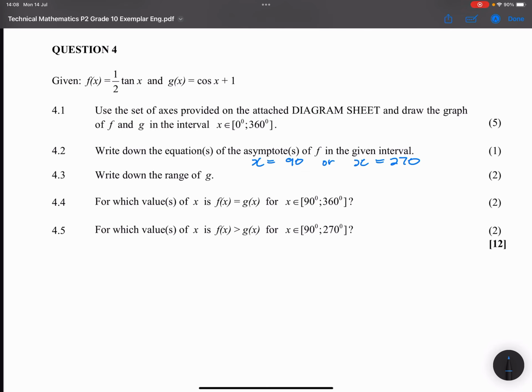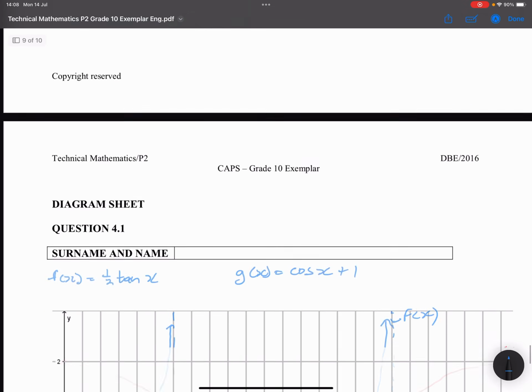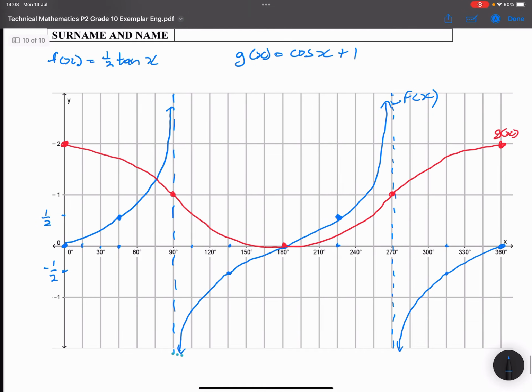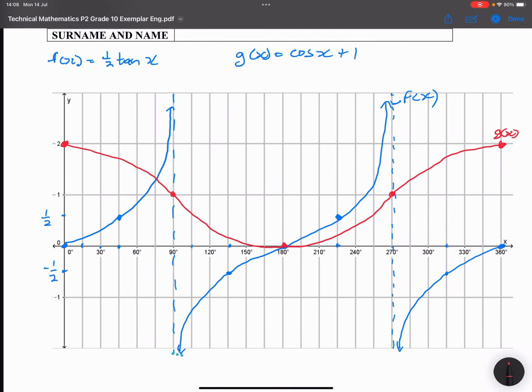Okay, right, and for the next one, they said to us, write down the range of g. Now, what is the range? This is the minimum and the maximum value, right? So, the minimum value for the graph of g is 0, and the maximum value is 2, right?